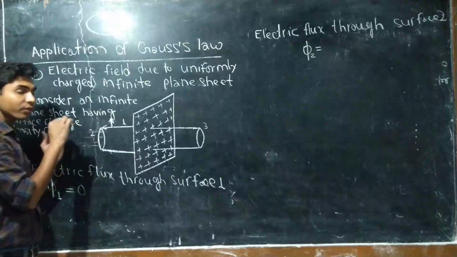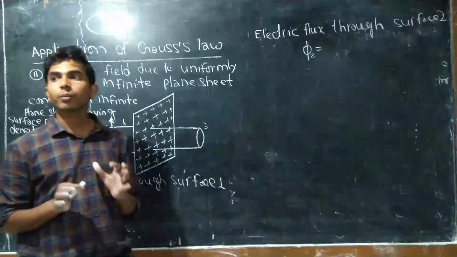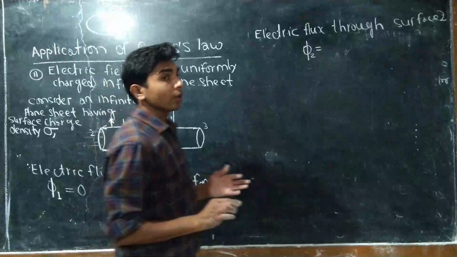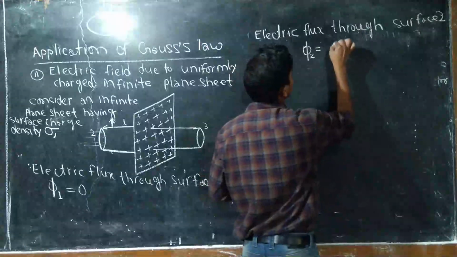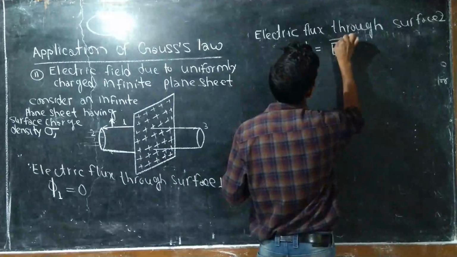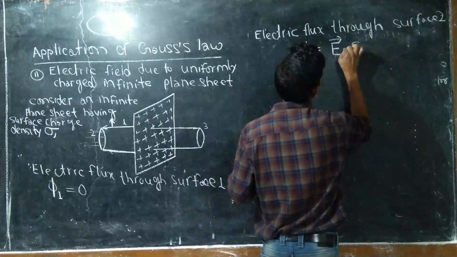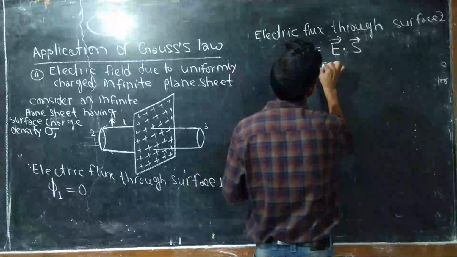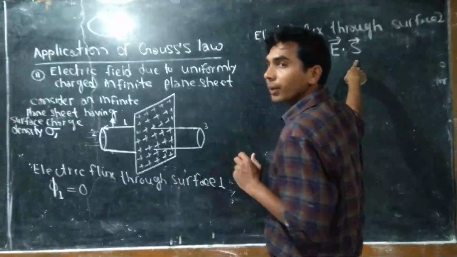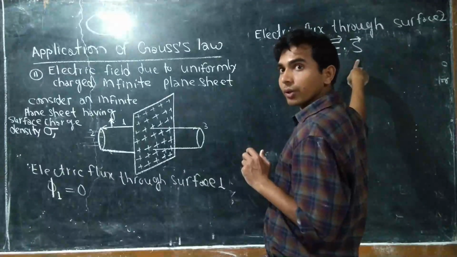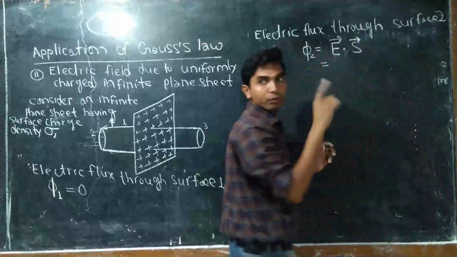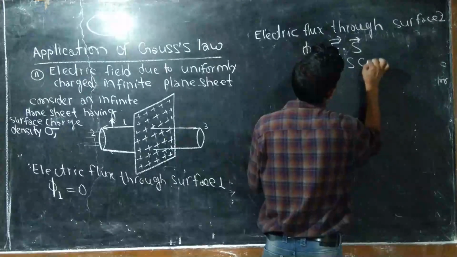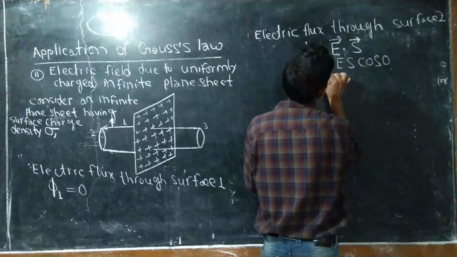So at this surface, the direction as well as the magnitude of the electric field is the same. So we can write the flux as E dot S, and the angle between the electric field and the area vector is 0, so the value will be ES cos 0, and cos 0 is 1.